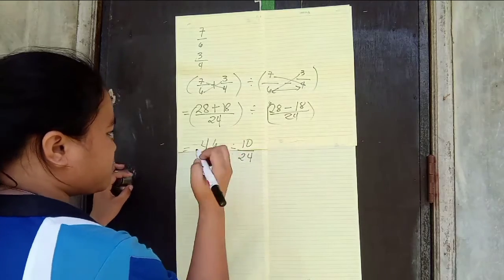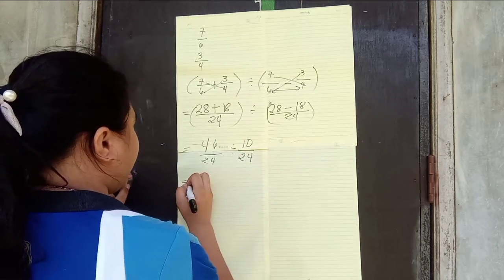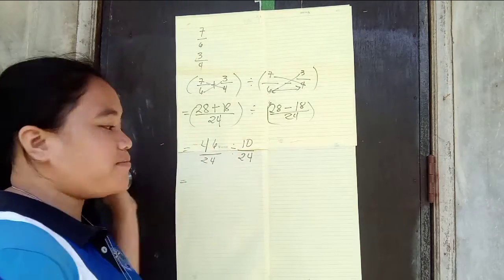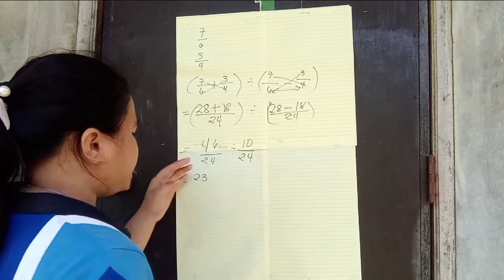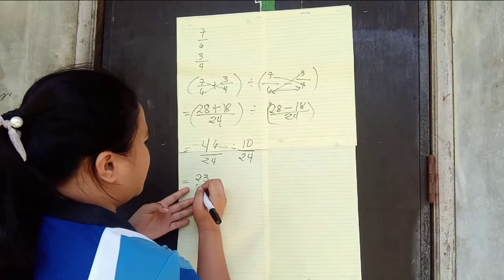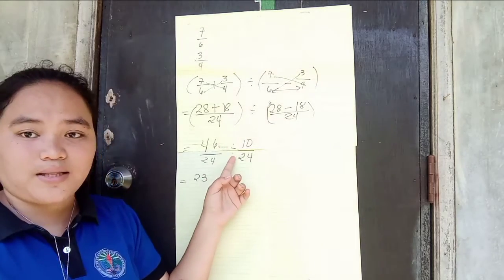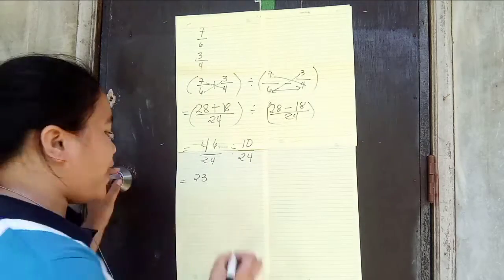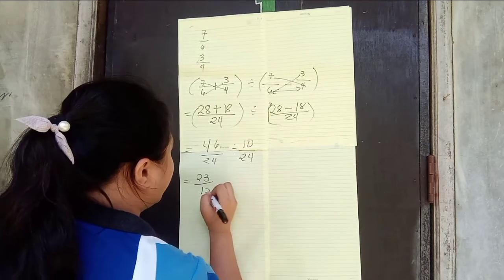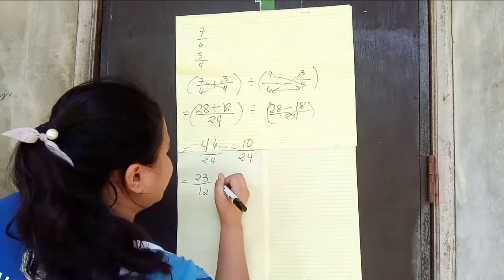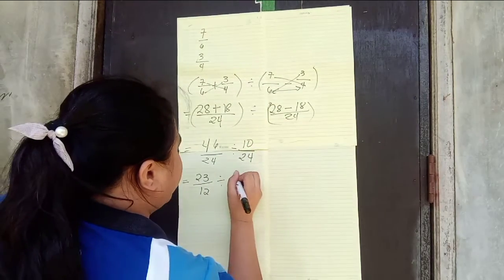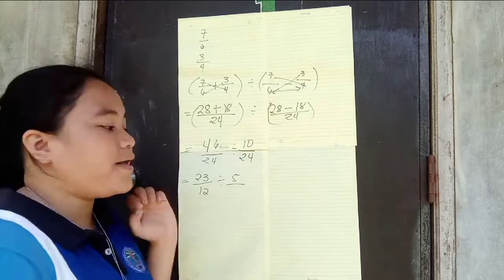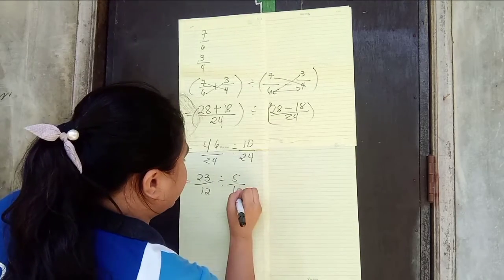So, ganito na po ang mangyayari. 46 divided by 2 equals 23 and 24 divided by 2 equals 12, divide 10 divided by 2 equals 5 and 24 divided by 2 equals 12.